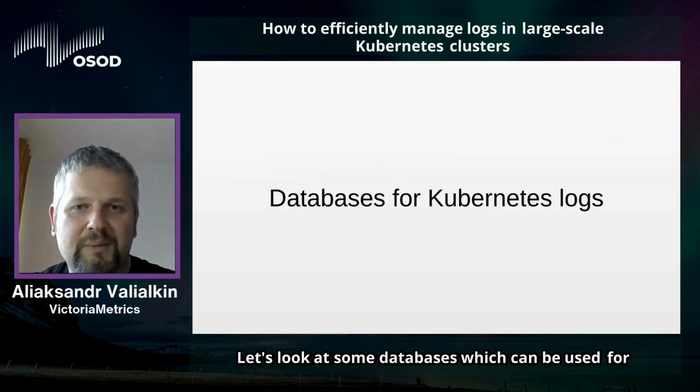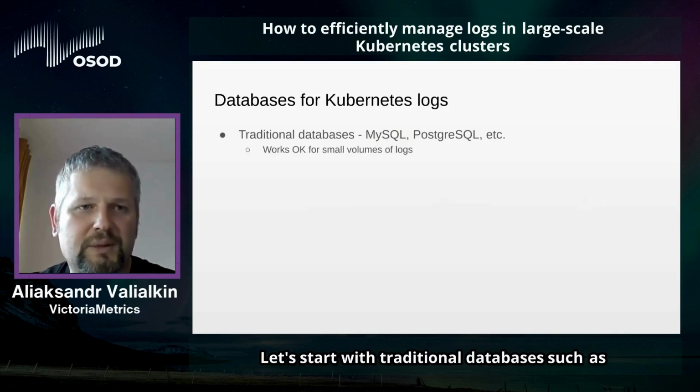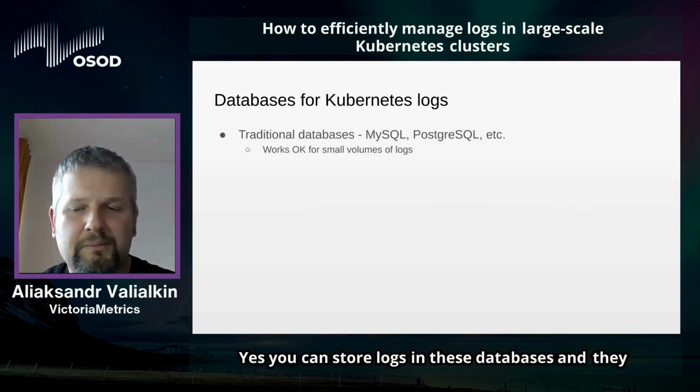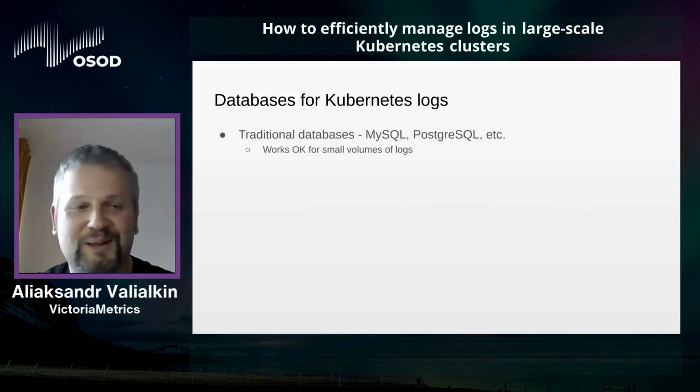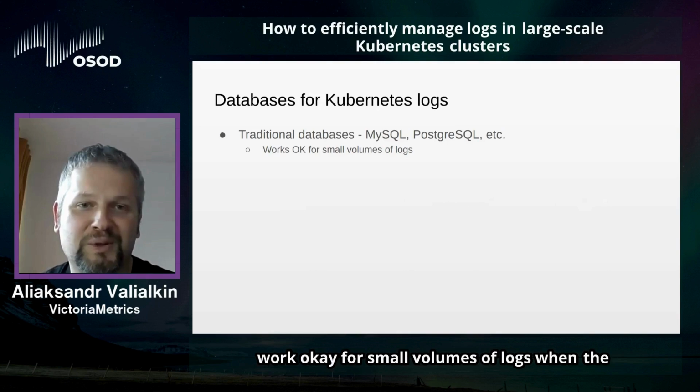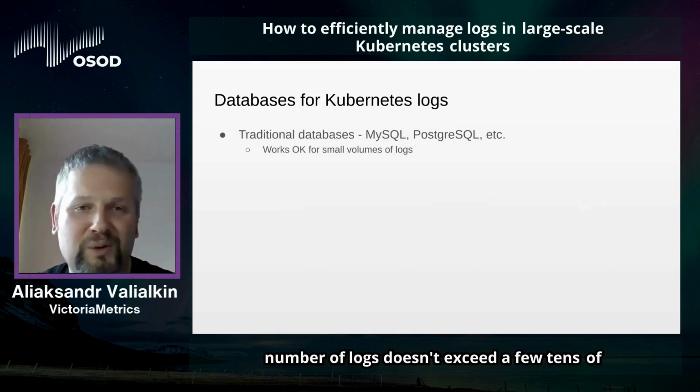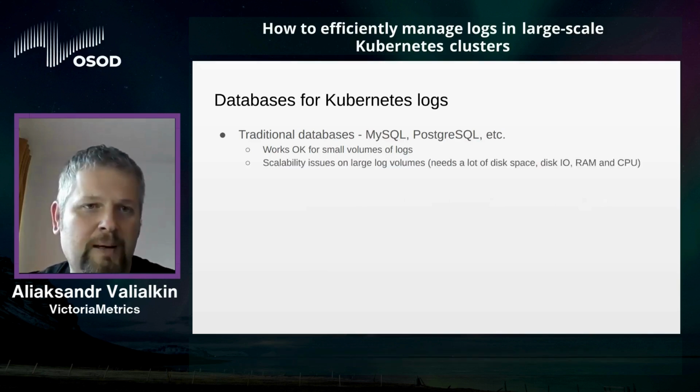Let's look at some databases which can be used for Kubernetes logs. Let's start with traditional databases such as MySQL or Postgres. Yes, you can store logs in these databases, and they work okay for small volumes of logs, when the number of logs doesn't exceed a few tens of millions, for instance.